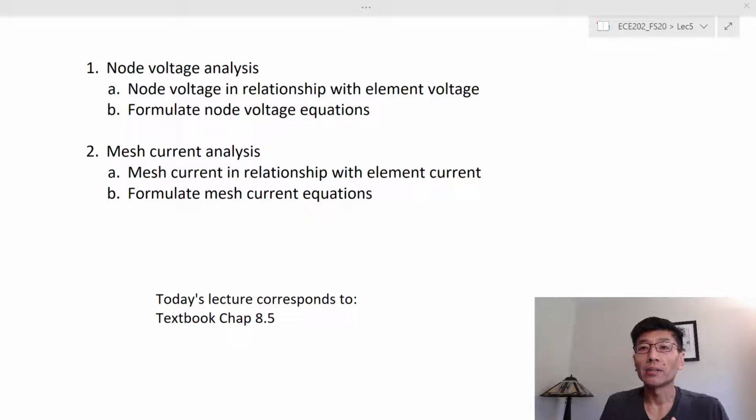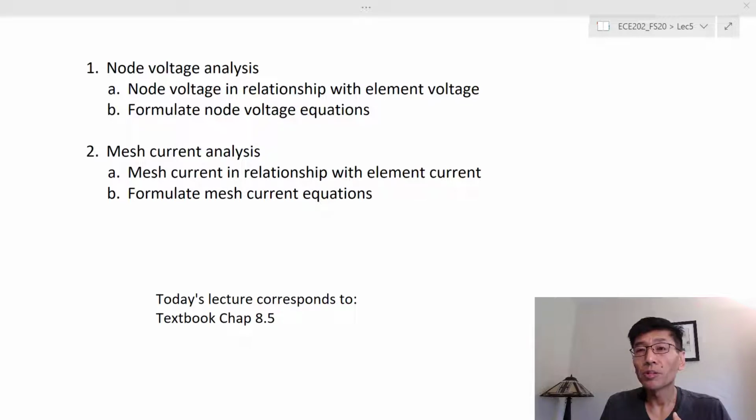Although this is quite obvious to some of you, I hope this will clarify any confusing spots. The second part covers how we can formulate the node voltage equations. And the third and fourth parts will cover mesh current analysis.